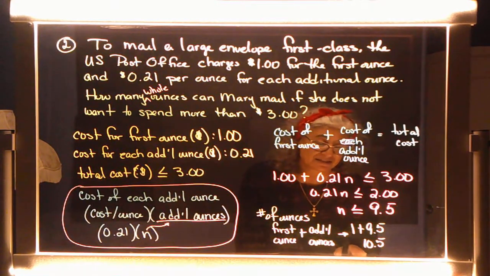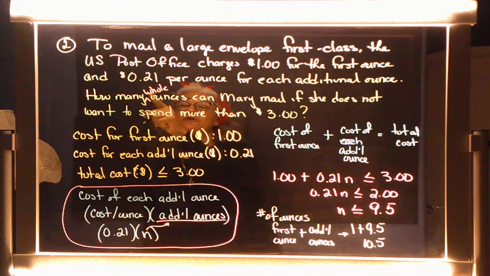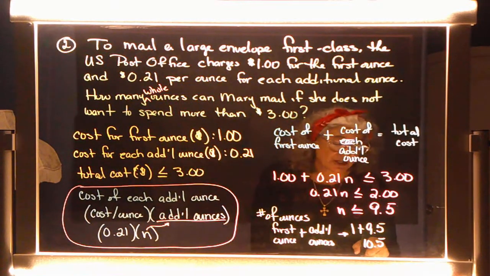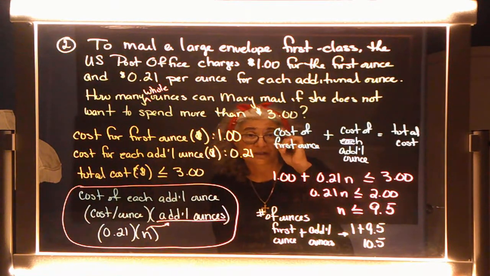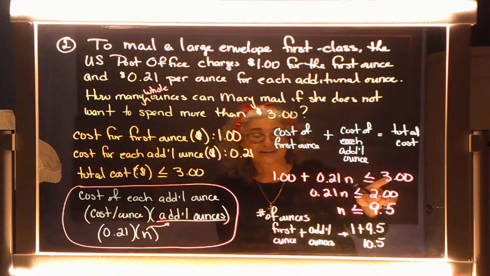Now here's the thing. They want the number of whole ounces. So can this 10.5 round to 11? No, it can't. I know you want to round it to 11 because when that decimal is 5 or higher, we round up, don't we? But in this case, it's going to affect the amount of money we spend.